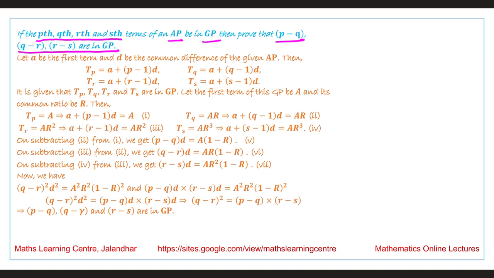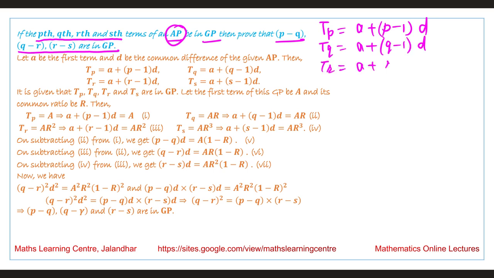So if we talk about the pth, qth, rth and sth terms, Tp = A + (P-1)D, Tq = A + (Q-1)D, Tr = A + (R-1)D, and Ts = A + (S-1)D. They are in AP.